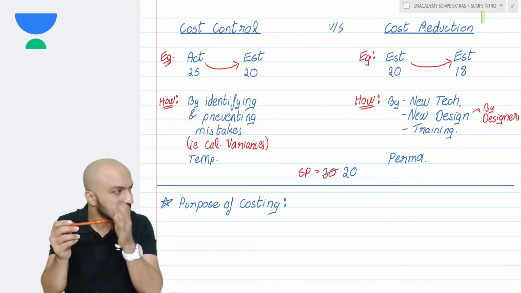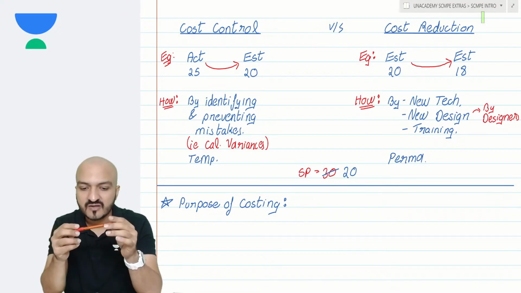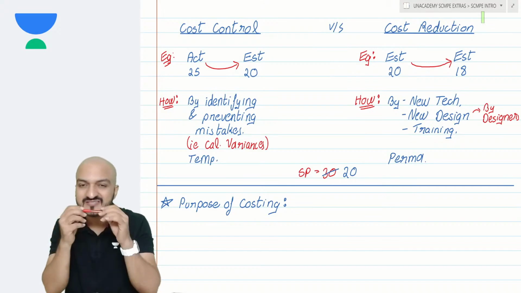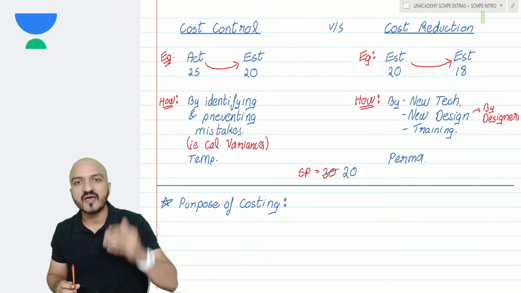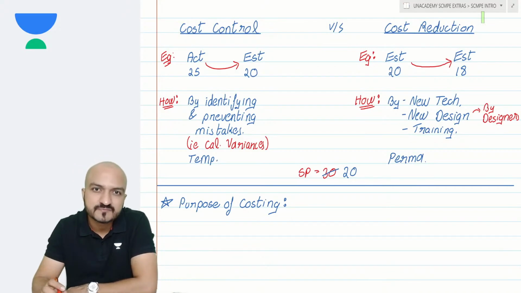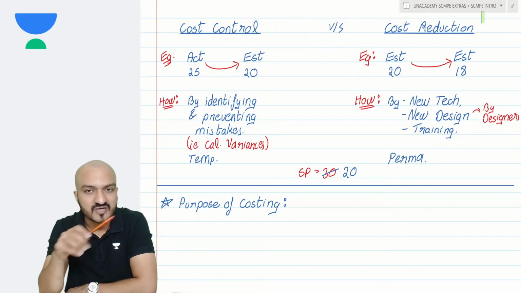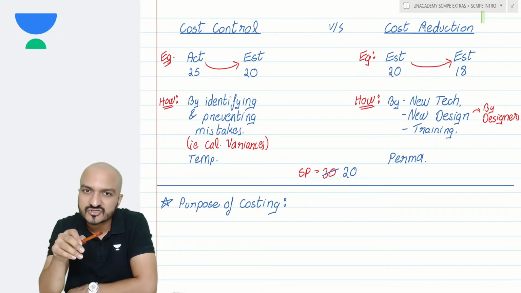No. So see, you have to explain to the designer that in this product, material is a very expensive product. In this product, material is the most expensive input. You give me a design which will save material cost. Do you understand that? So if the designer comes up with a new design which doesn't save material but saves only labor, it doesn't give you major cost reduction.